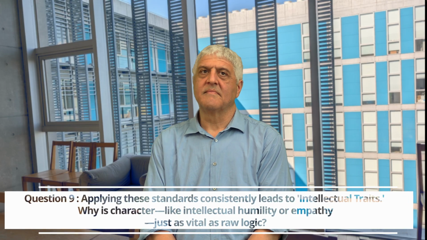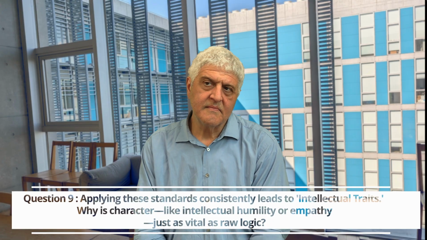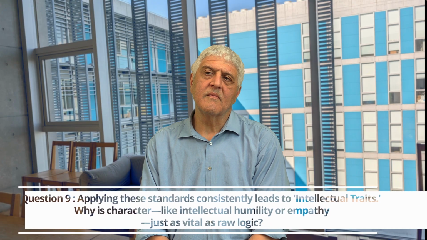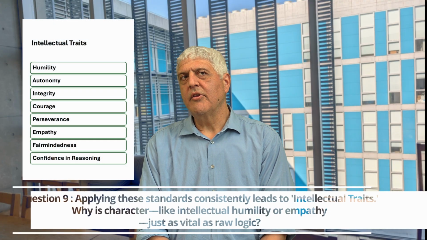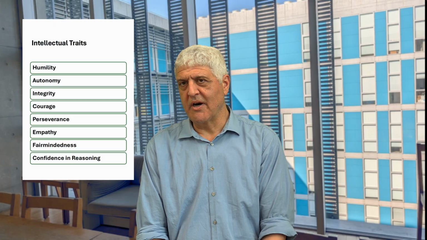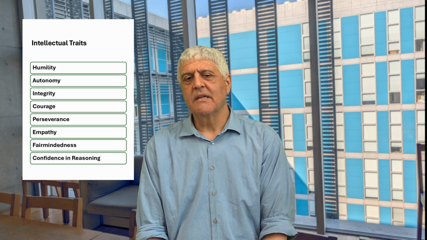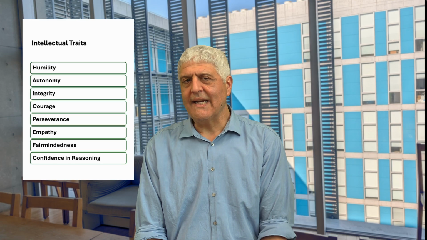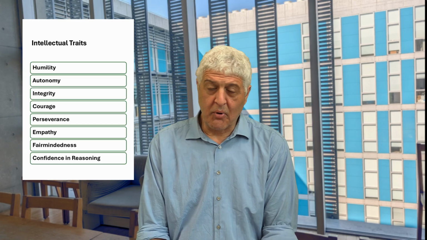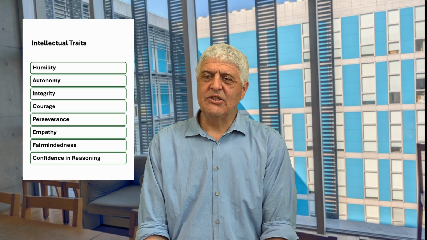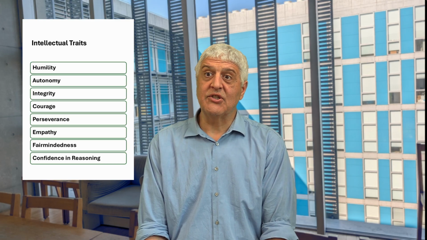Why is character like intellectual humility or empathy just as vital as raw logic? I see. So in the Paul and Elder model, traits is one of the three parts of the model, and the thinking is that your attitude towards a problem, for example, or an issue, is just as important as the logic itself.